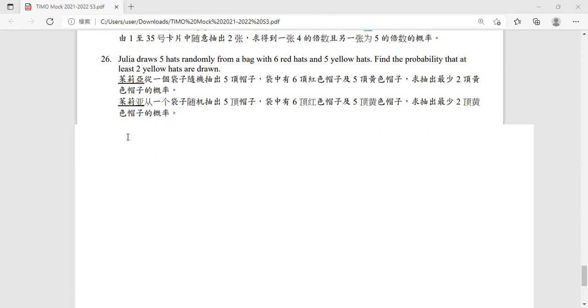So P(at least 2) is 1 minus P(no yellow) minus P(1 yellow).